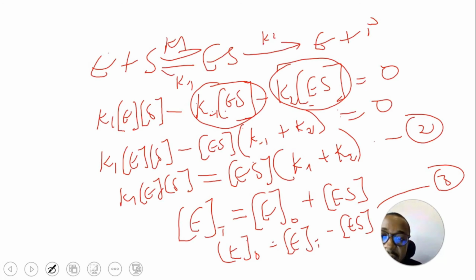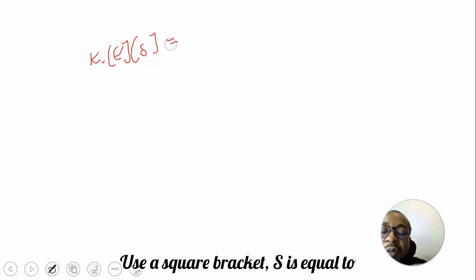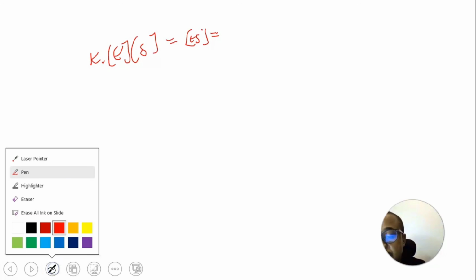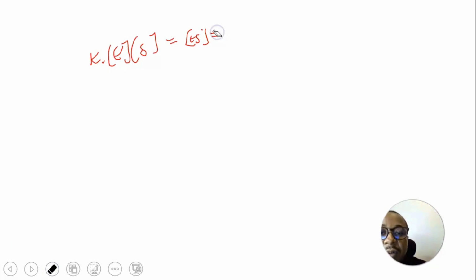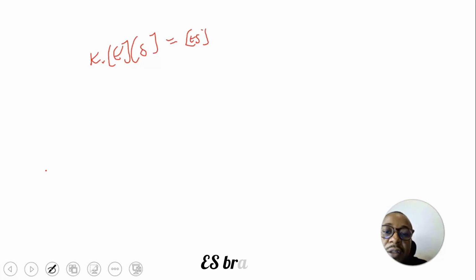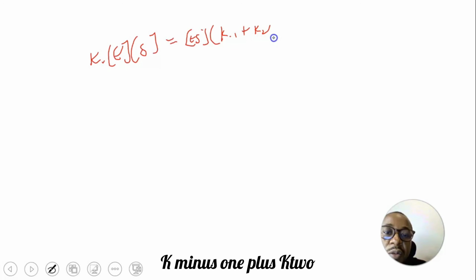We have K1, bracket E, square bracket S is equal to ES, brackets K minus 1 plus K2.